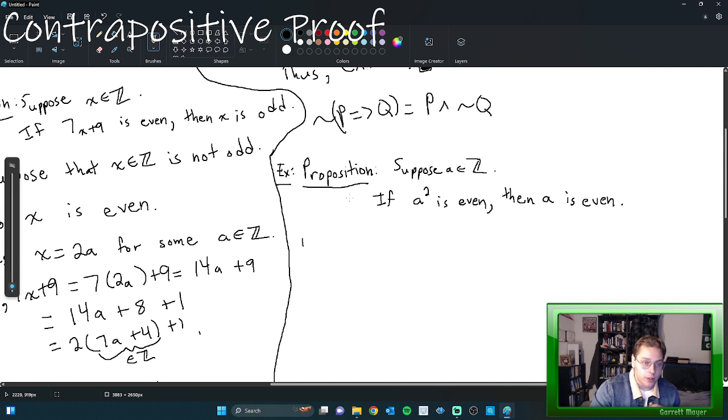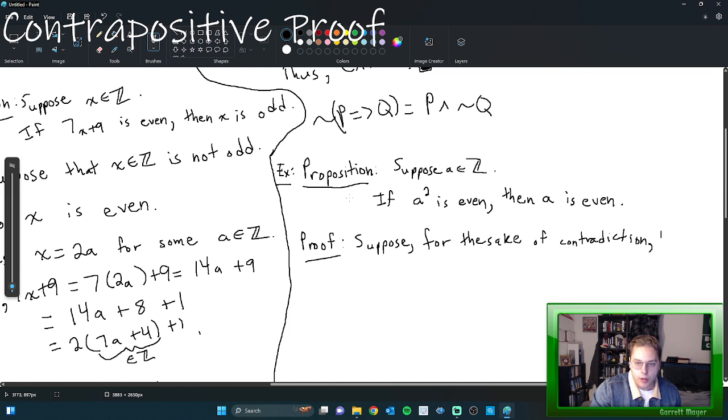And for the proof of this statement, we're going to start by supposing, for the sake of contradiction, the negation of this original statement.